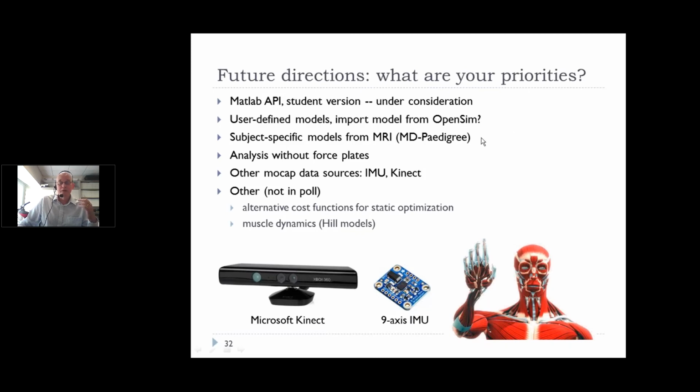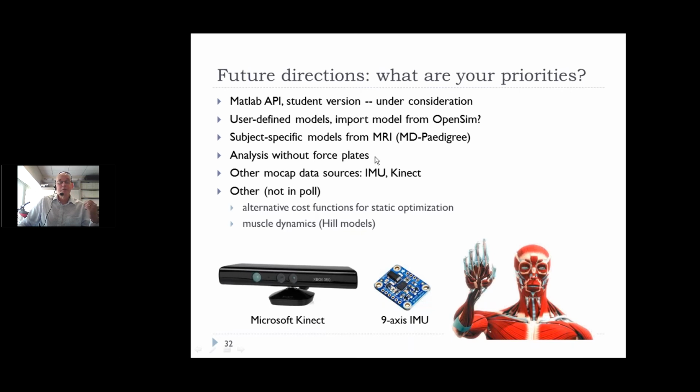There is also work on developing subject-specific models from MRI, so where you actually determine your joints and even your muscle paths and muscle properties from MRI data for a specific subject. And if there's a strong interest in that, and then that could be developed as well.